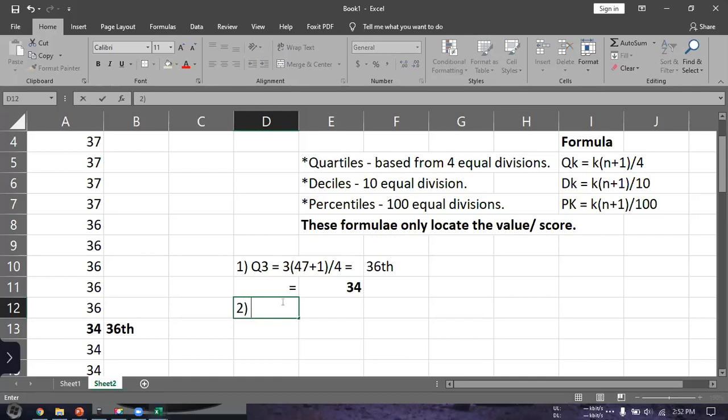Based on 10 equal divisions, let's solve for the third decile, the 30%, the score that is higher than 30% of the lower part of your class. That is 3 times 47 plus 1 all over 10.